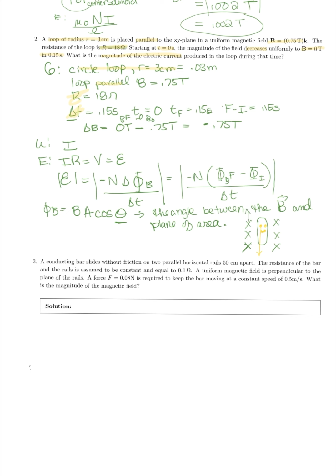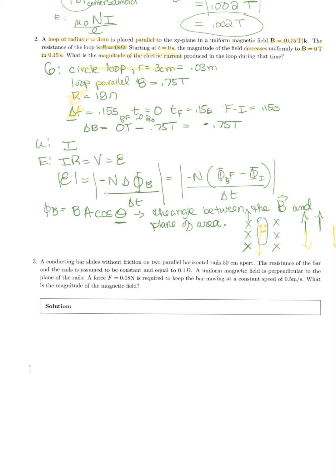And since this guy is going this way, if they were perpendicular, or if they were actually right on top of each other, it would be like this, and that would be 180. But we don't have that, because instead we have this, right? And so we have 0 degrees.